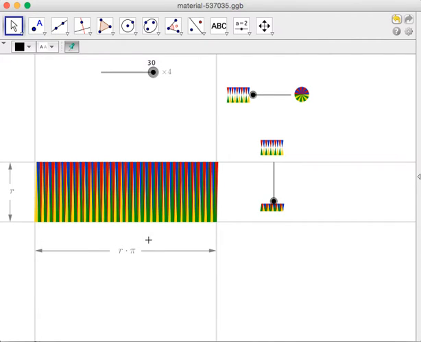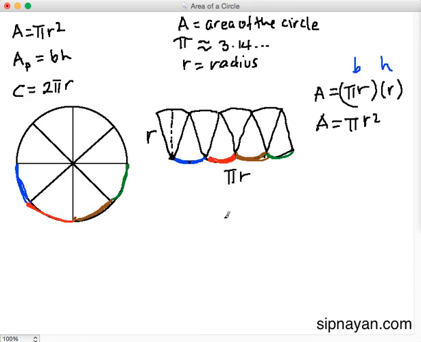Sabi natin yung pinaka-base niya, which is pi r or r pi, and then the height, which is r. Kaya nakuha yung formula natin dito na pi r squared. So ito dito galing yung formula. Hindi talaga ito yung pinaka-derivation, ito lang yung geometric explanation. Ang derivation nito ay higher math na, nasa calculus na. But at least you have an idea kung bakit ganun yung formula natin.